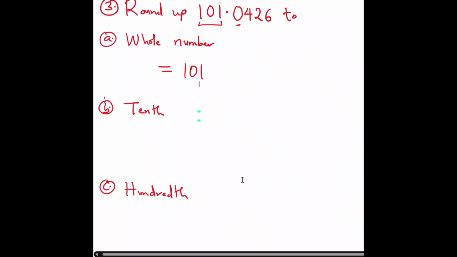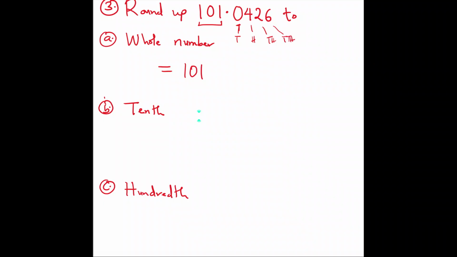So now it says round up 101.0426 to the nearest tenth. Okay, so to the nearest tenth is almost like saying to 1 decimal place. So to the nearest tenth, this is tenth. Okay, this is hundredth. This is thousandth.